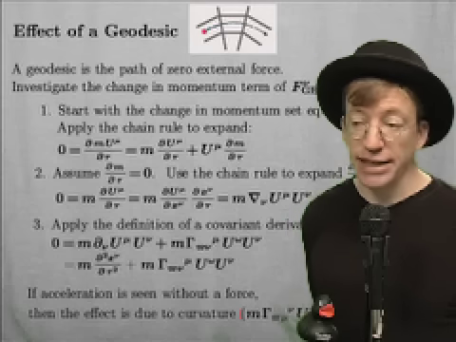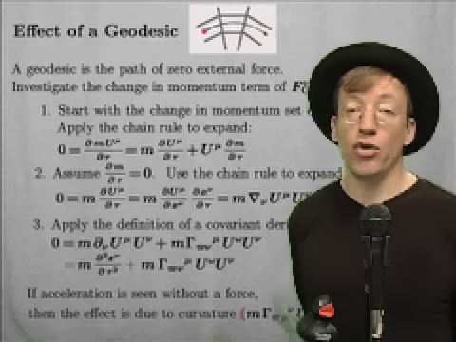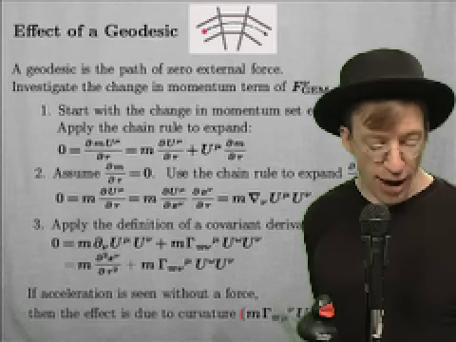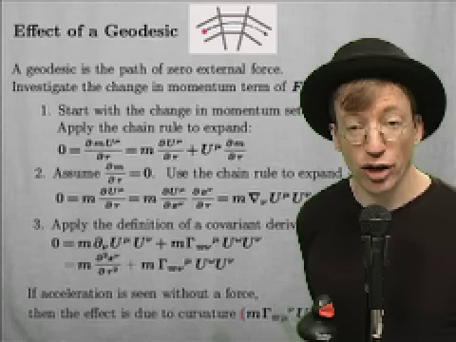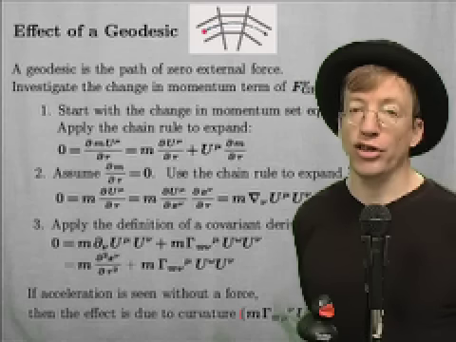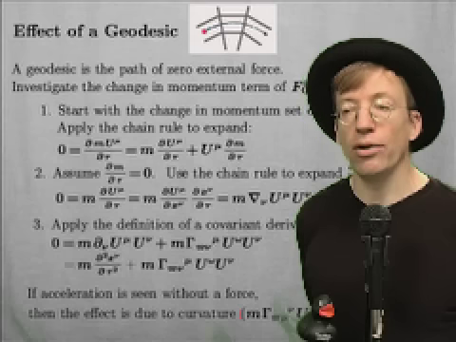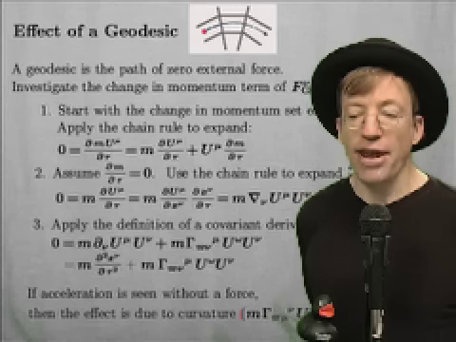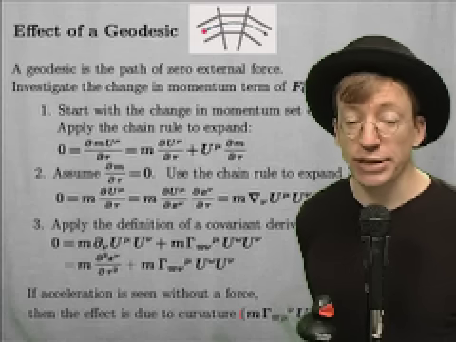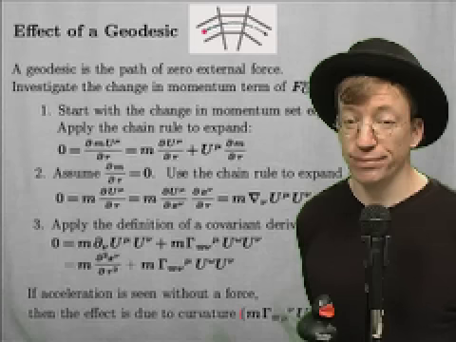But because that is the covariant derivative in there, we apply the definition of the covariant derivative to now have this expression where we see an acceleration term and a term involving curvature. So if there is no external force on this system, then any acceleration we see will be due entirely to curvature. Kind of cool.